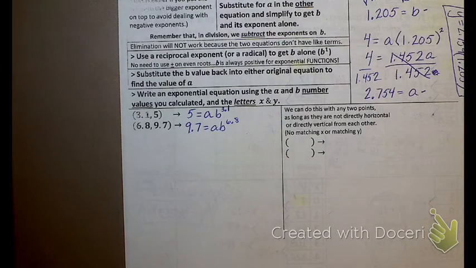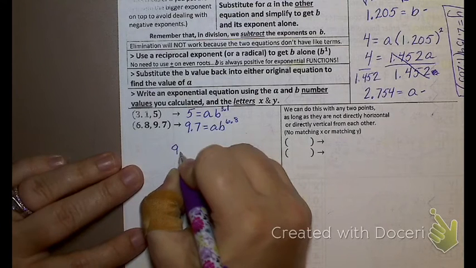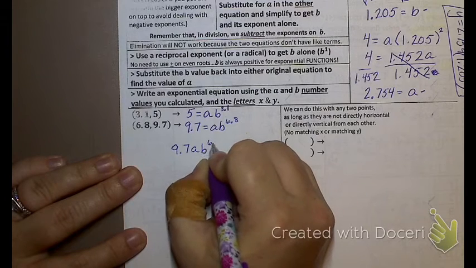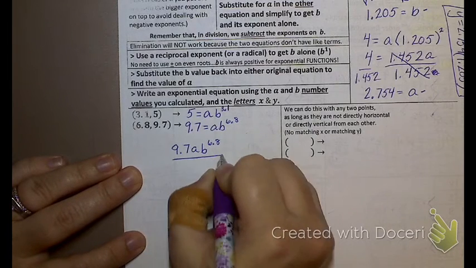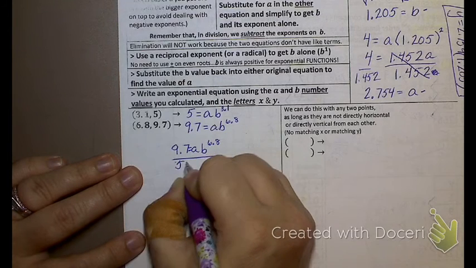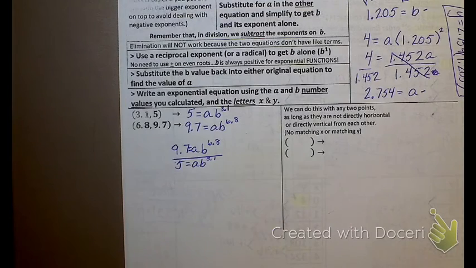Okay, so if I wanted to use the division method, what am I doing? I need to write the 9.7 one on top, don't I? Oops, sorry, that's equals. My bad. 5 equals a b to the 3.1. You okay with that so far?